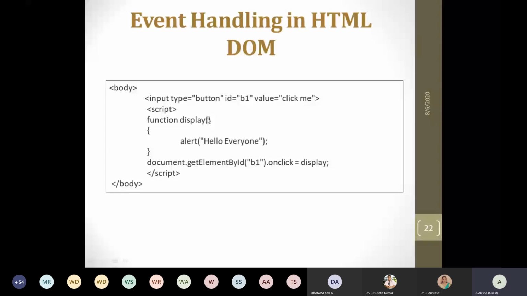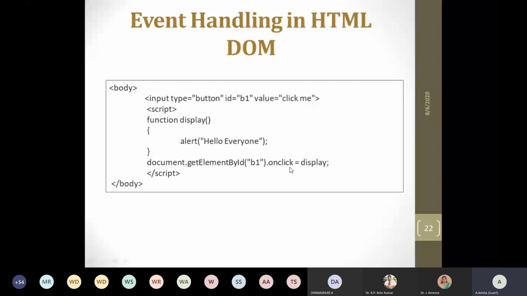So using DOM, to manipulate any element to act, you should first identify it. So I have identified the element by the method document.getElementById. So document.getElementById of B1 will identify the button element. And I have assigned the event type.